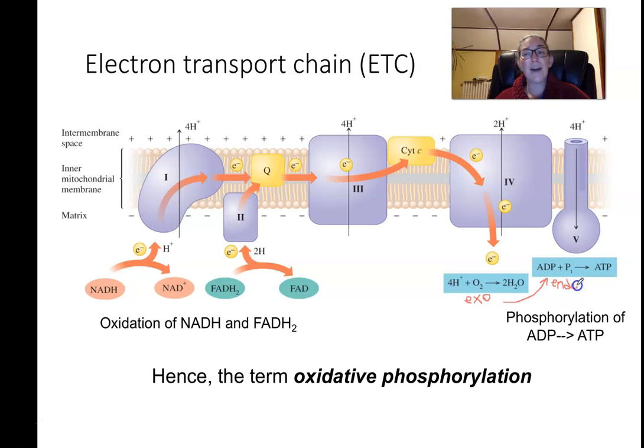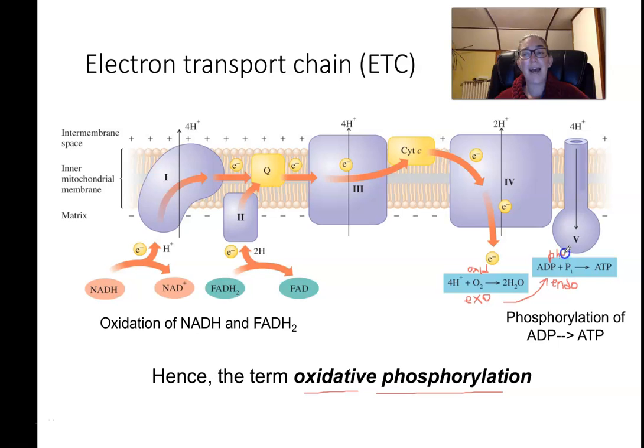So this is a very common theme in biochemistry. It's called coupling, reaction coupling, where one reaction fuels another reaction. And so this process of making ATP is known as oxidative phosphorylation because it involves the coupling of this oxidation reaction and this phosphorylation reaction over here.